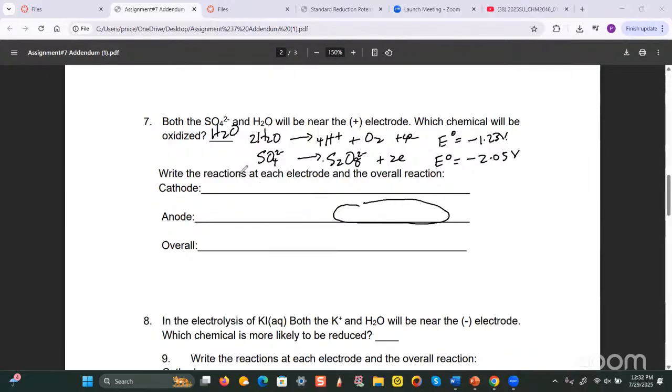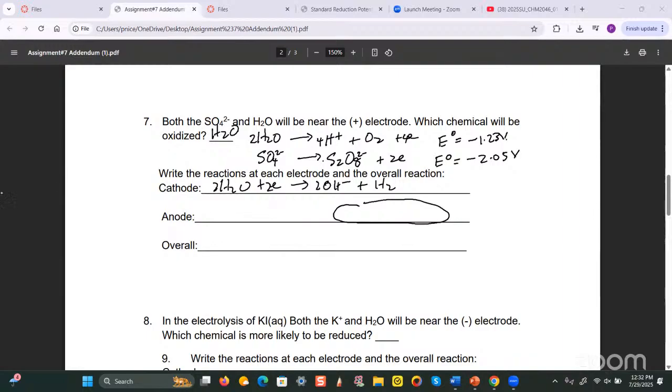So again, the question is asking you to write the reactions at each electrode. So for the cathode, it was H2O plus electrons to form OH minus and H2. And to balance this again, we need a 2 here, a 2 here, and a 2 here.